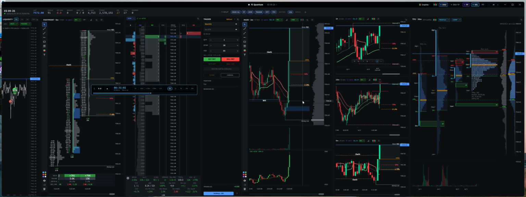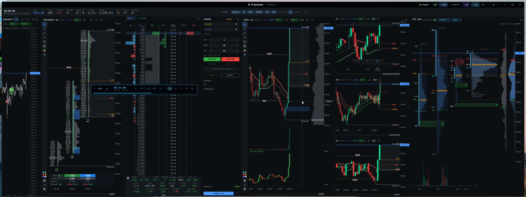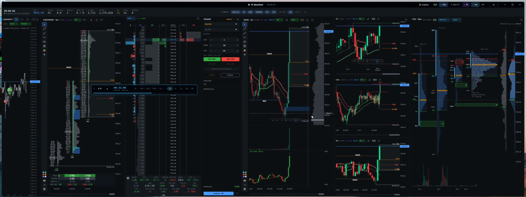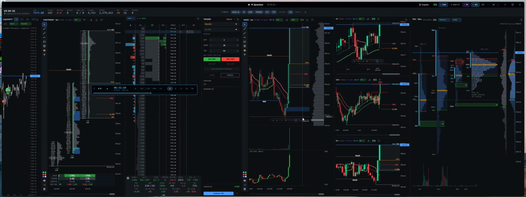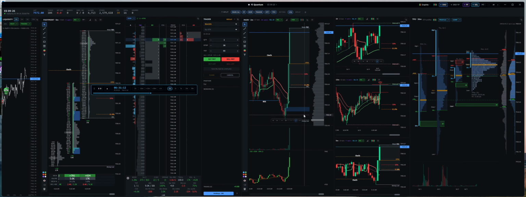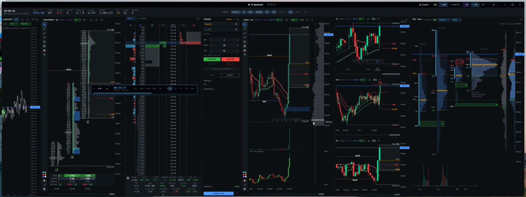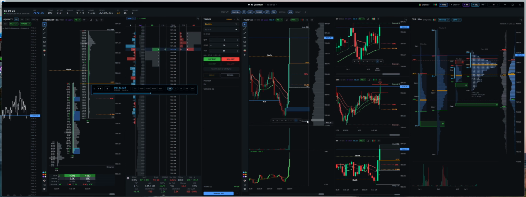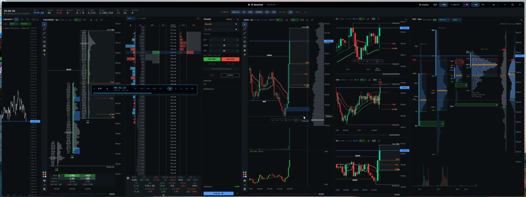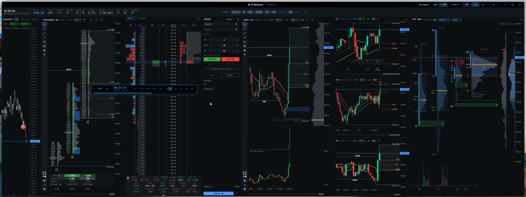Our first thought at the market open, because it can be very crazy, is that buying here with a stop loss below is probably a decent trade. So let's see what happens.